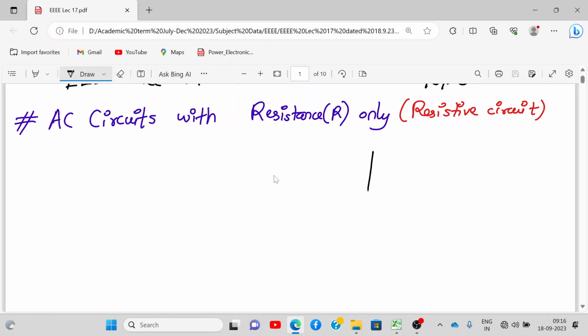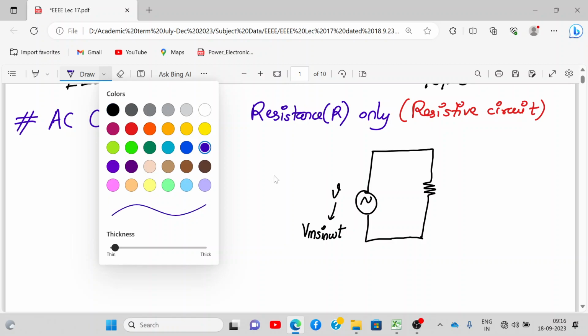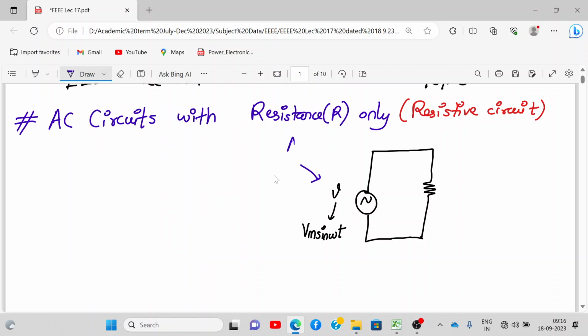So you have an AC circuit. You know how this AC voltage is represented? Vm sin omega t, right? And you apply this AC voltage to a resistor. So this is my AC voltage. And whenever there is an AC voltage, there will be an AC current flowing, right?